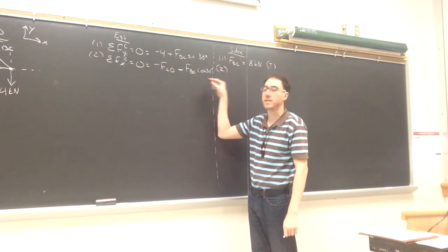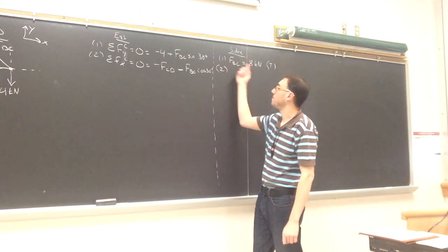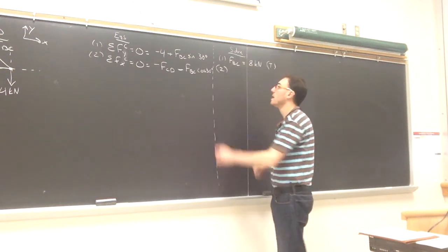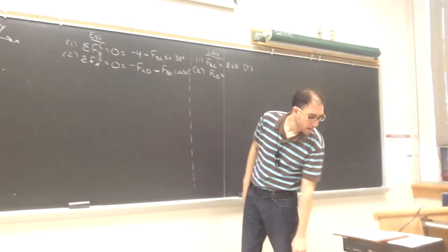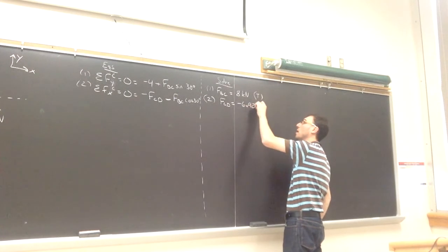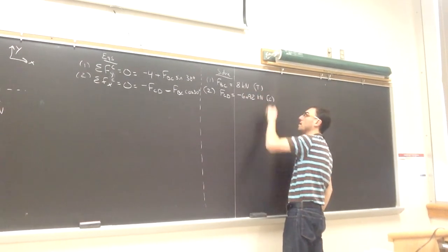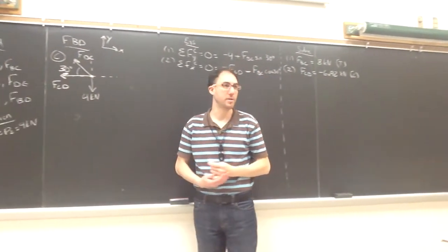A negative FBC, it has its component pointing to the left. I put in my positive value of 8 here, and I come out with FCD is negative 6.92, meaning that it is in compression.